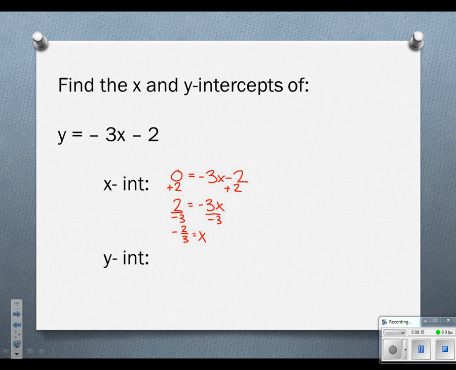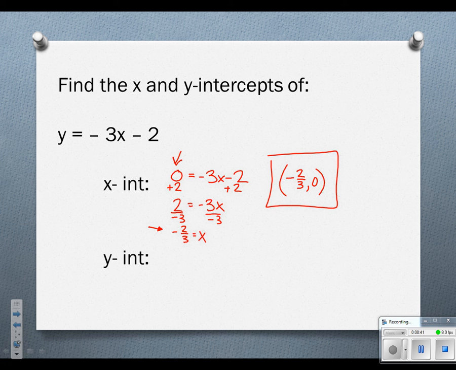An intercept is a point. So together these two things, the 0 that you plugged in and the x value that you get out, form your intercept. So my x-intercept is the point negative 2/3, 0. Do not simply put x equals negative 2/3 as your intercept.